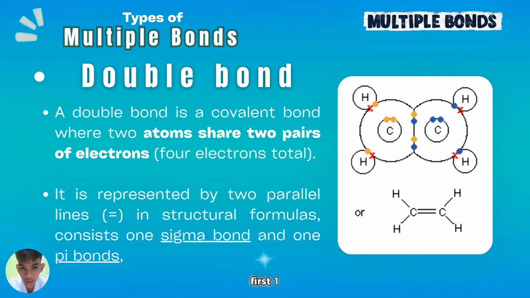First, 1, 2, 3, 4, 5, 6, including the blue circle, which are the electrons being shared by the carbon on the right side. 7, 8. And there you have it. We now have 8 total valence electrons by sharing through a double bond, which is also provided as the figure below the electron atoms.